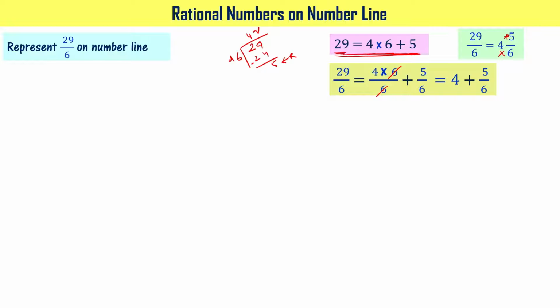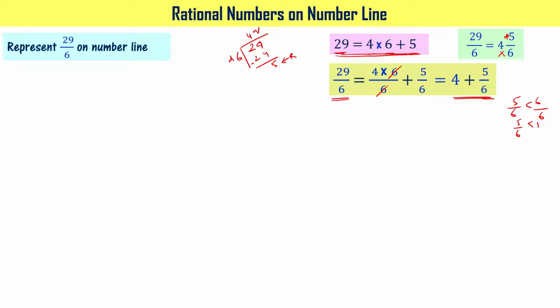Got it? Now, if you see 29 by 6 is 4 plus 5 by 6, it means when I draw the number line, I should include the number 4, certainly. And then 5 by 6 is less than 6 by 6, right? 5 by 6 is less than 6 by 6. It means 5 by 6 is less than 1, right?